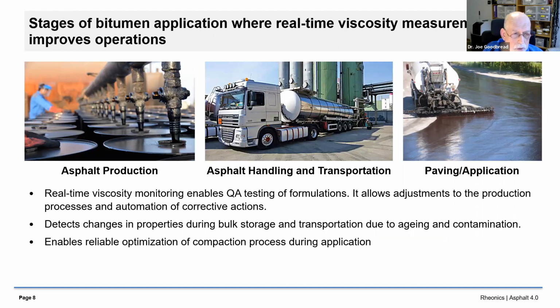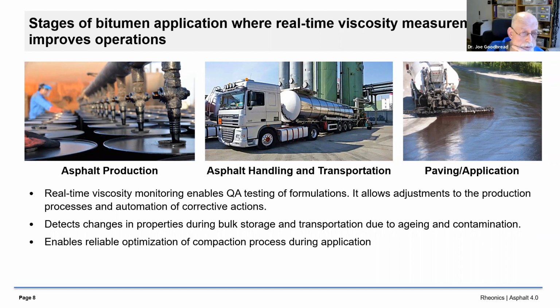Viscosity measurement contributes to higher quality in all phases of asphalt processing, from production through transportation to final application. During production and blending, it can assure quality of formulations, as well as supporting adjustment and automation of the processes for the most uniform quality.